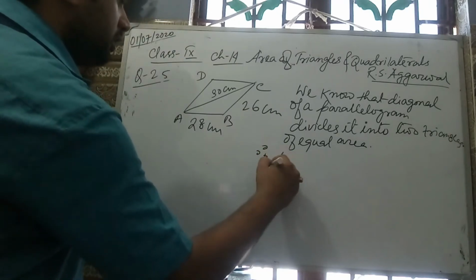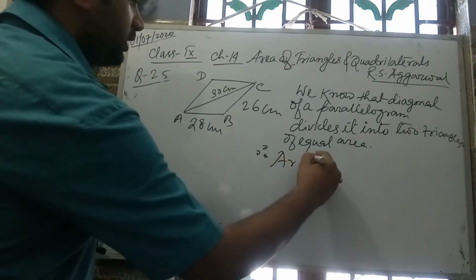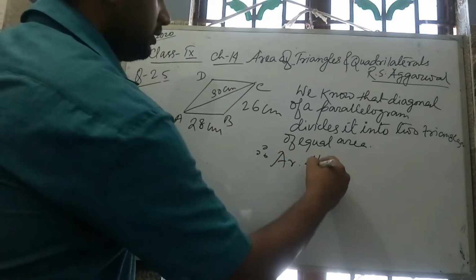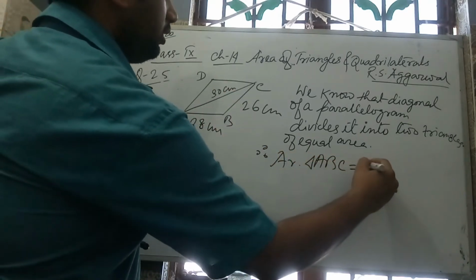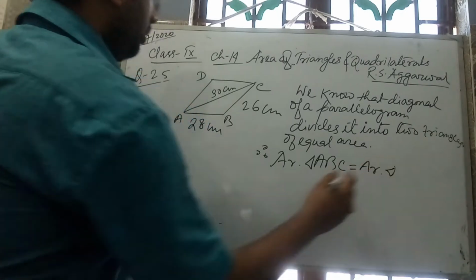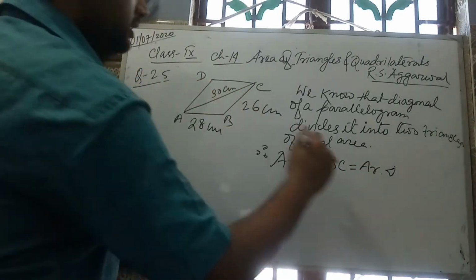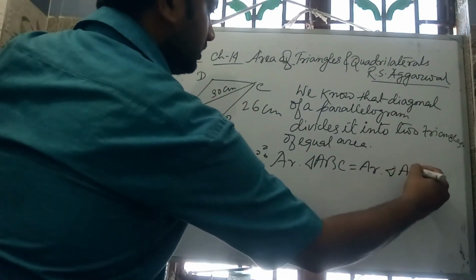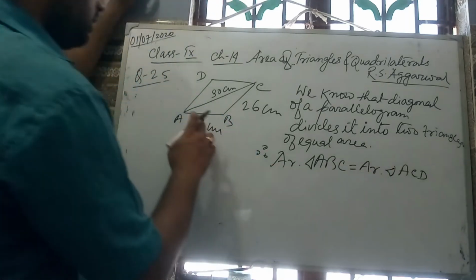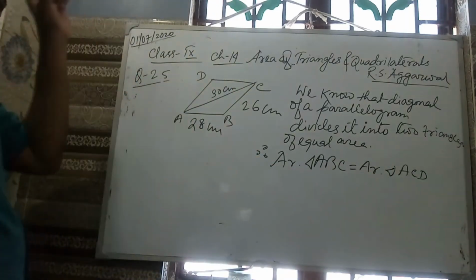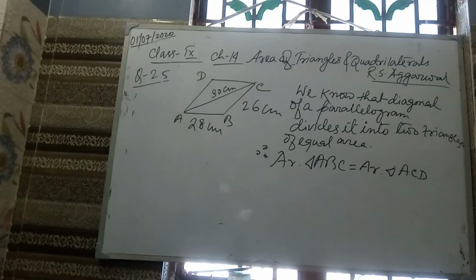Therefore, area of triangle ABC equal to area of triangle ACD. ABC and ACD, these two triangles are equal.